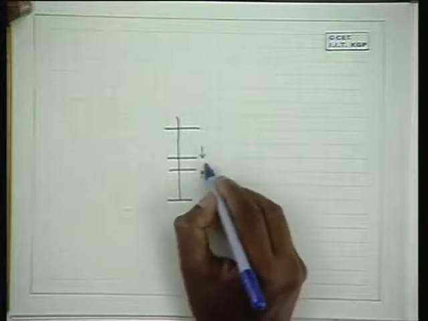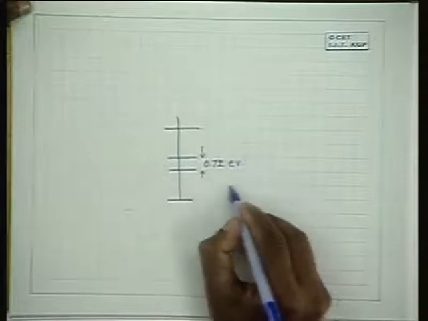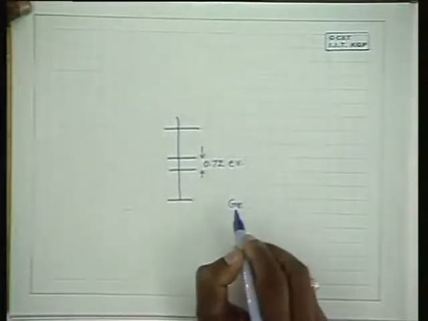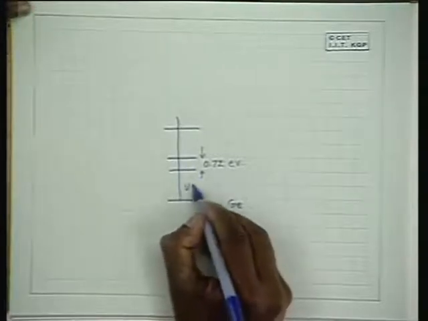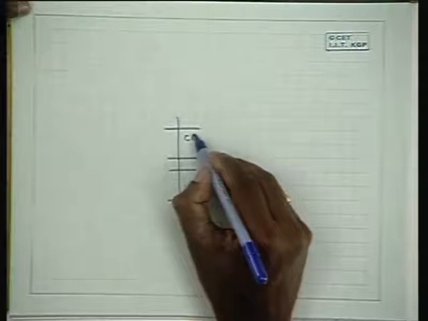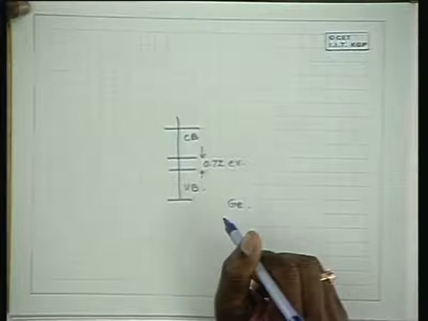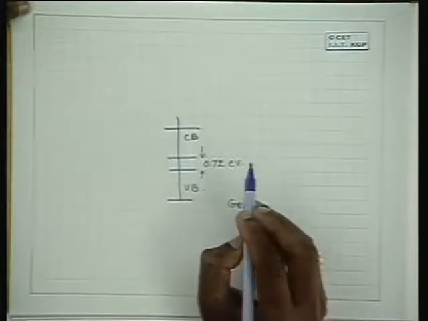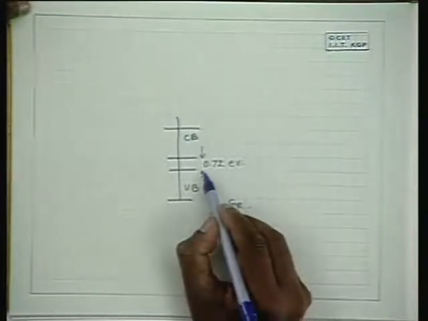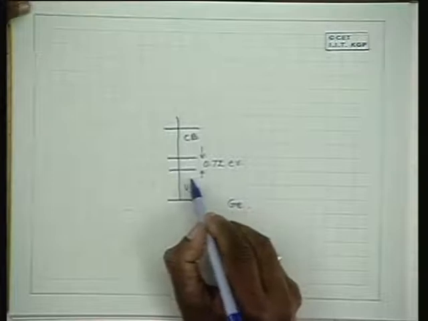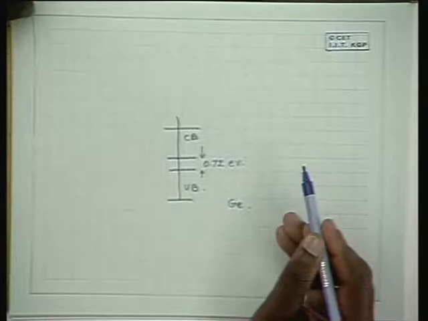In the case of a germanium semiconductor, the energy gap between the valence band and the conduction band is of the order of 0.72 electron volts. So it is moderately low. That means with little thermal energy, the valence band electrons can move into the conduction band and may be available for conduction.